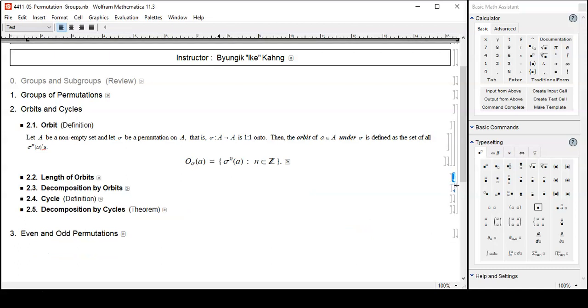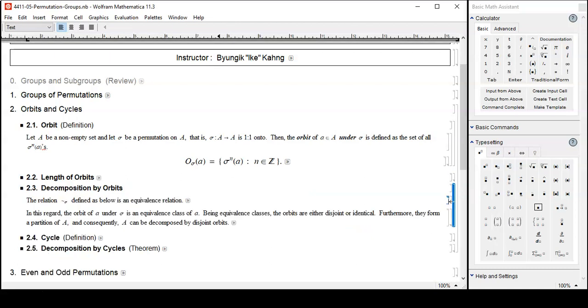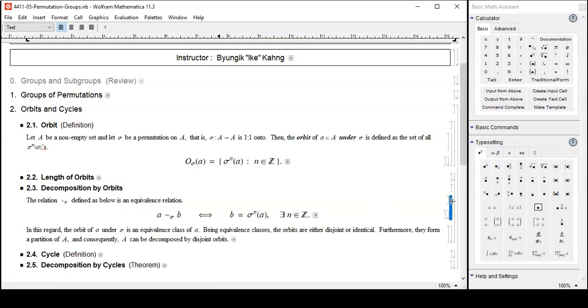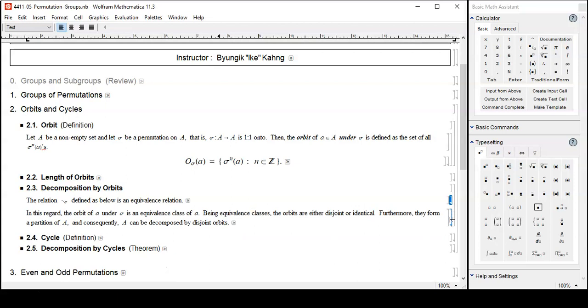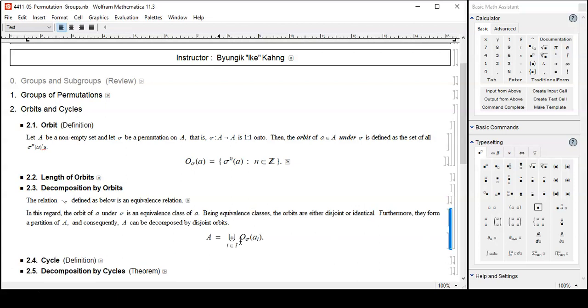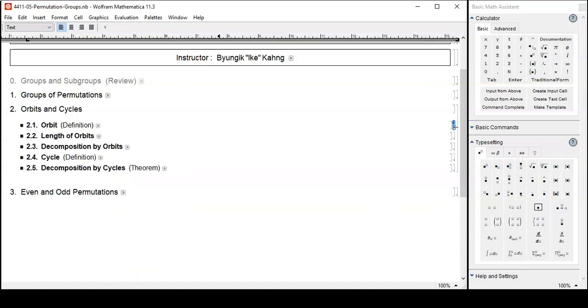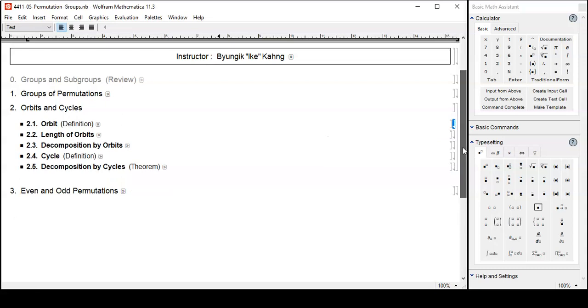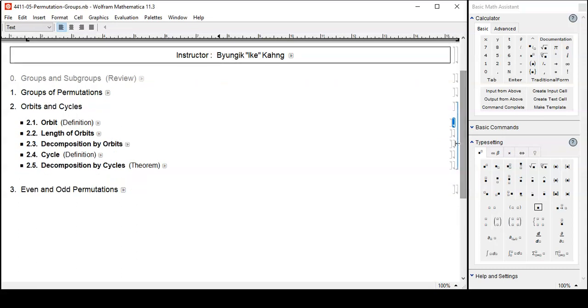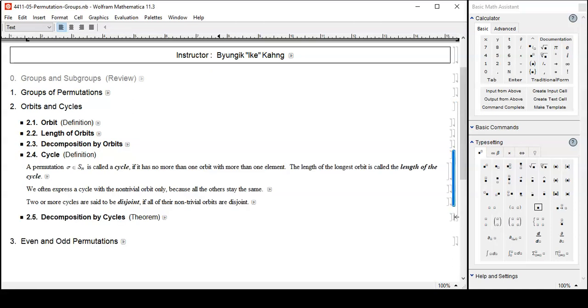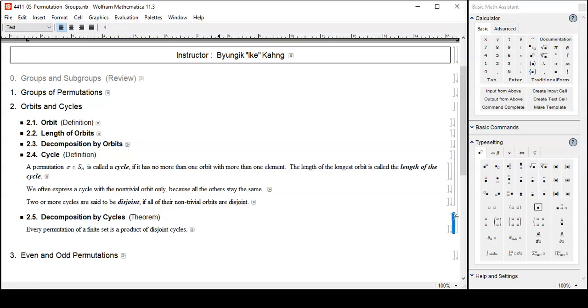And then we can establish a decomposition by orbits using the theory of equivalence relations and equivalence partitions. Using the concept of orbits and decomposition by orbits, we can define cycles and decomposition by cycles.